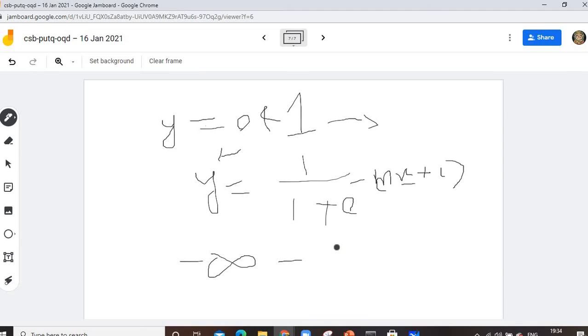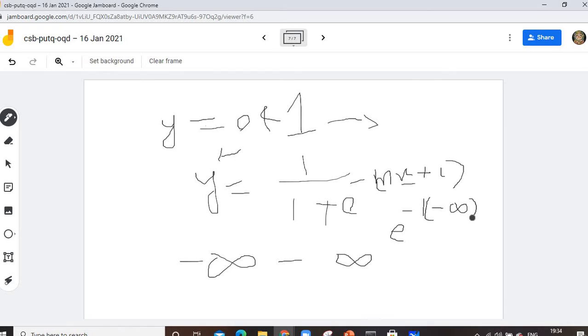For example, x is minus infinity. So what will be e to the power minus of minus infinity?